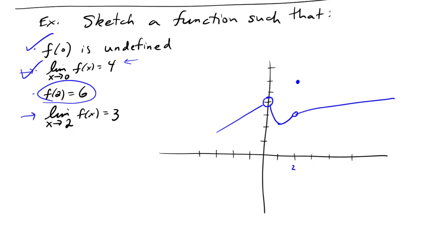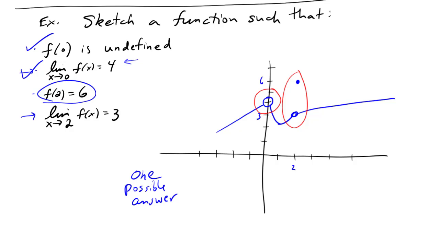So now I have the limit going to 3, but the actual value is at 6. So this is one possible answer here. As long as I have something that looks like this going on at 0 and something like this going on at 2, all the rest could be whatever.